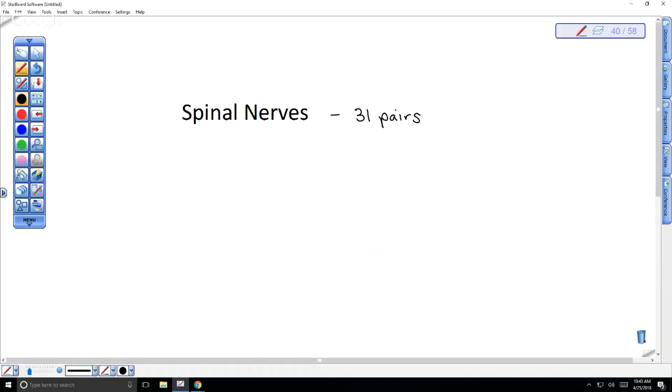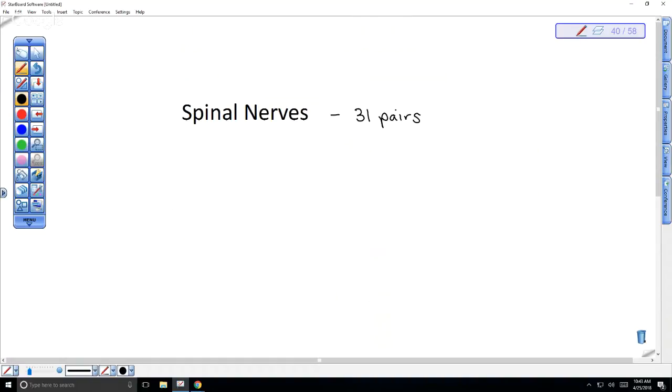So there's 5 lumbar vertebrae, 12 thoracic, 8 nerves that come off the cervical region. And then there's 5 sacral. And then there's, how many coccygeal? 1. So that's, coccyx is the tailbone.